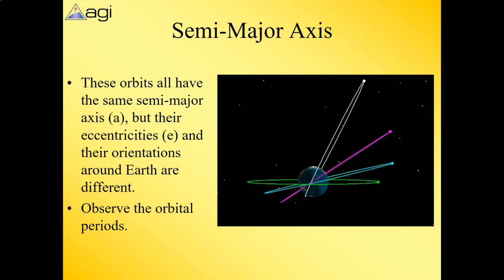They just simply are located in a different orbital plane, or the relation of where they are to the Earth is slightly different. Eccentricity can throw off how the size of these might look, but these all have the same semi-major axis.